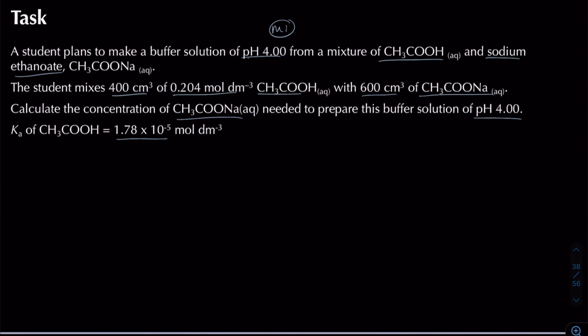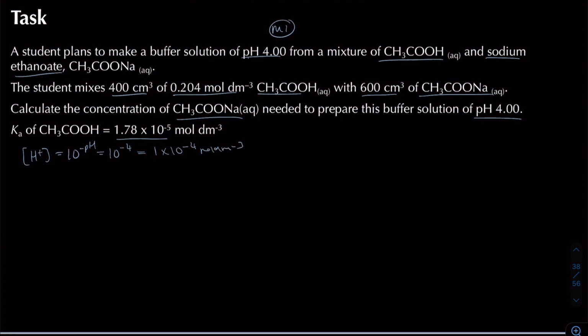So the first thing I'm going to do is find the concentration of H plus, which is equal to 10 to the minus pH. pH is given as 4, so I do 10 to the minus 4, and I end up with 1 times 10 to the power of minus 4 moles per decimeter cubed.